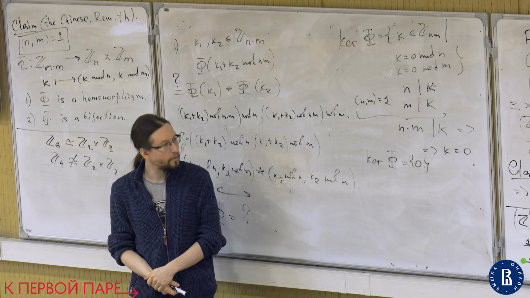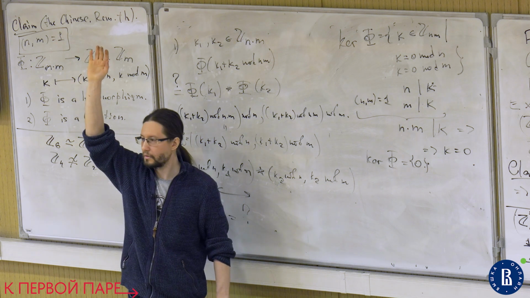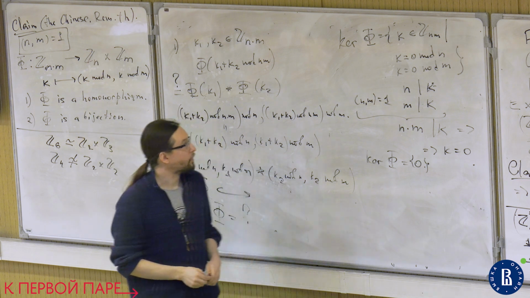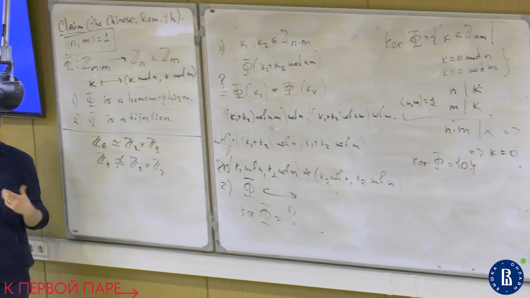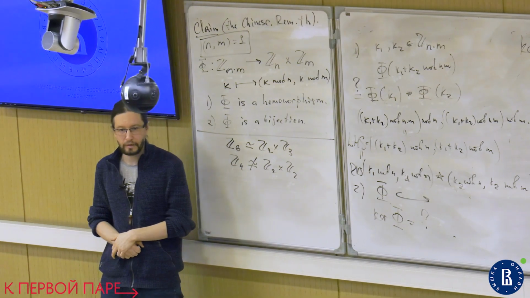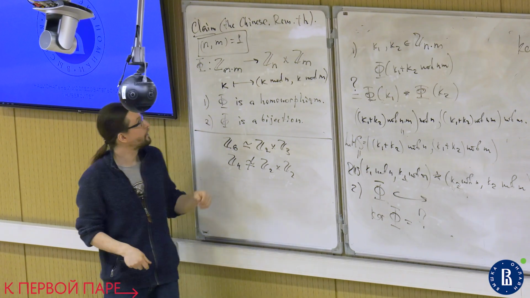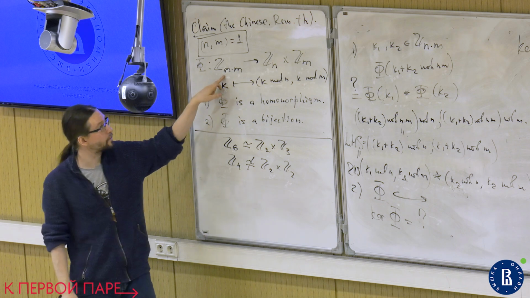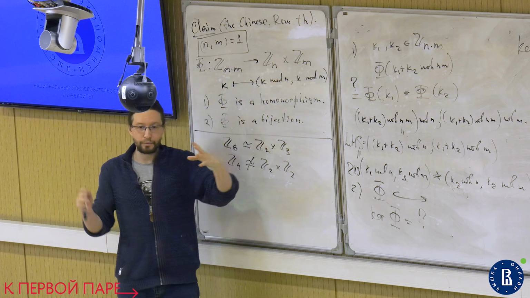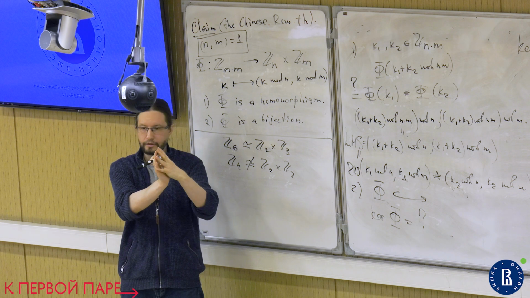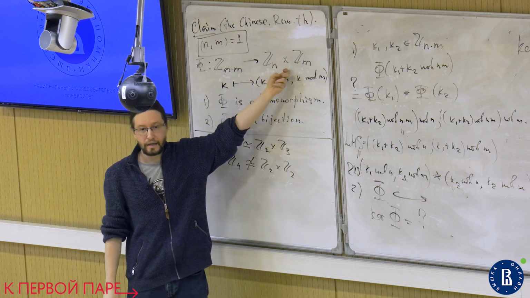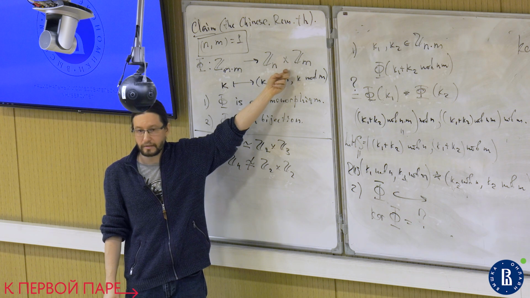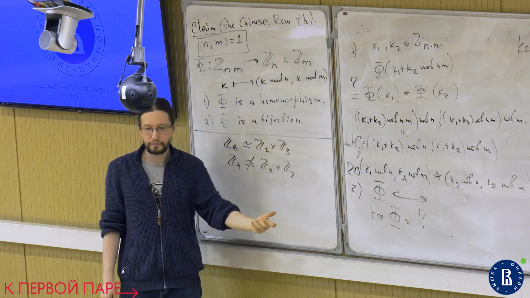That's it. Who was able to follow? Good. Now we know that this map is injective. How to prove that this map is surjective? There is an easy way, because this set is finite and this set is finite, and we have an injective map between these two sets. If we can prove that these two sets have exactly the same number of elements, then this map is automatically surjective.